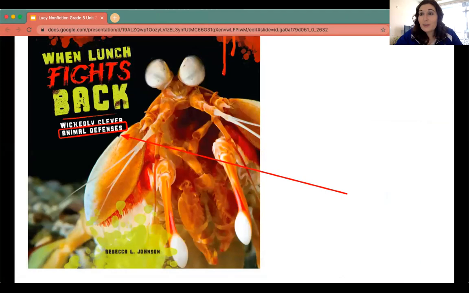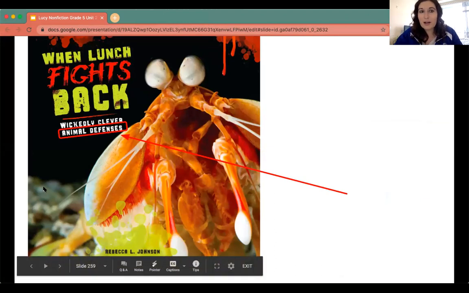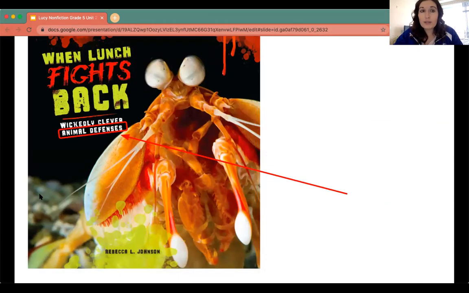Sometimes an author's opinion might be implicit or hidden. In this example of a book that we have used throughout our unit, When Lunch Fights Back, part of the title says wickedly clever animal defenses.